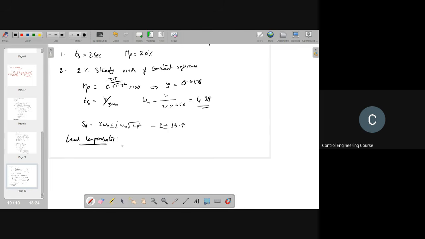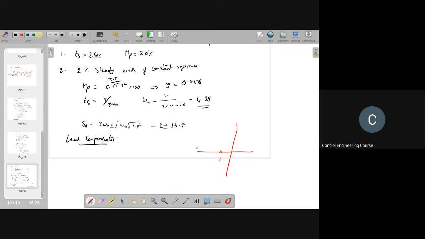So the first step is to calculate the angle deficiency, right? How do you calculate the angle deficiency? Let's plot the poles. This is a type 0 system.